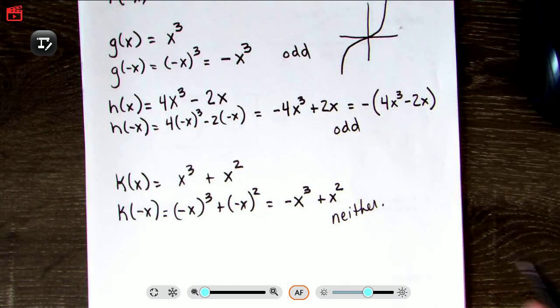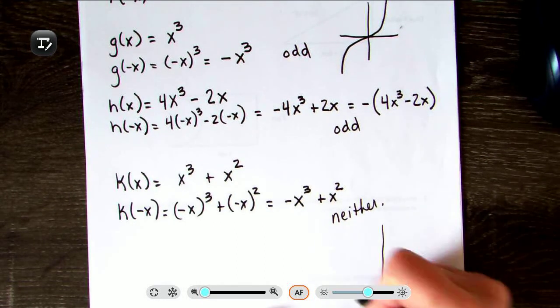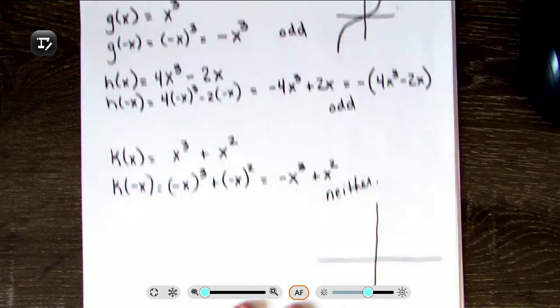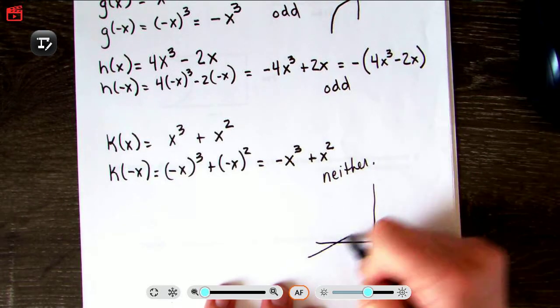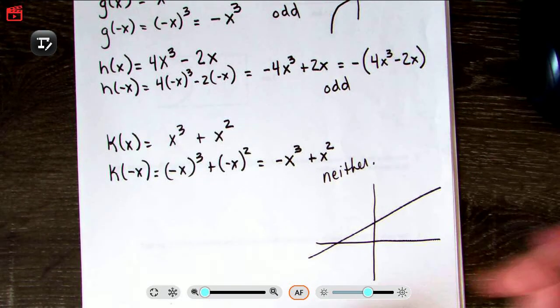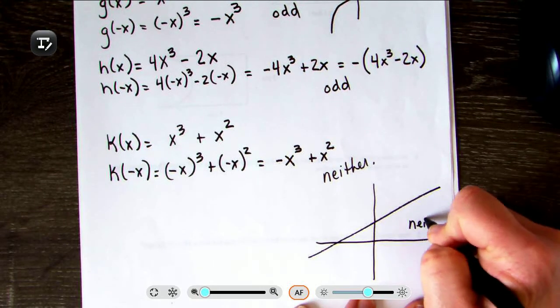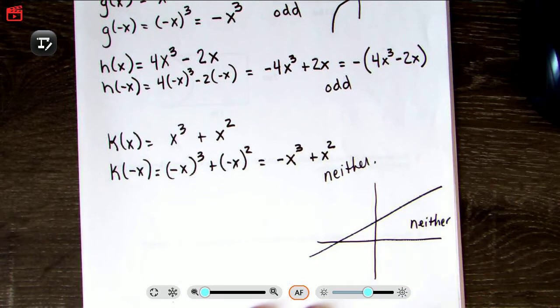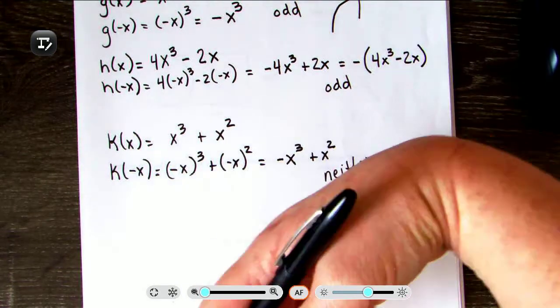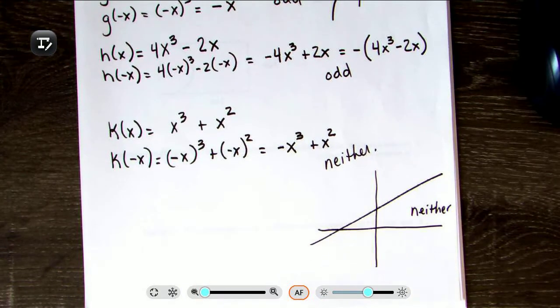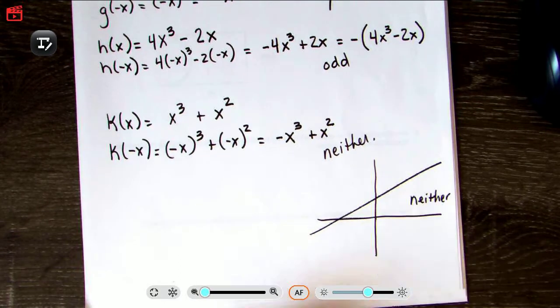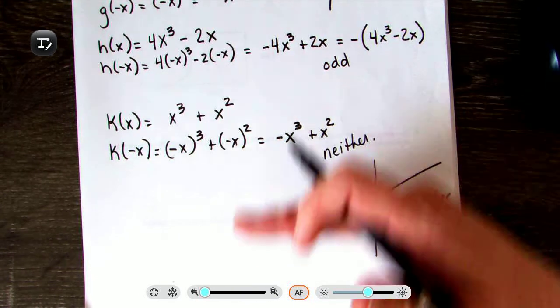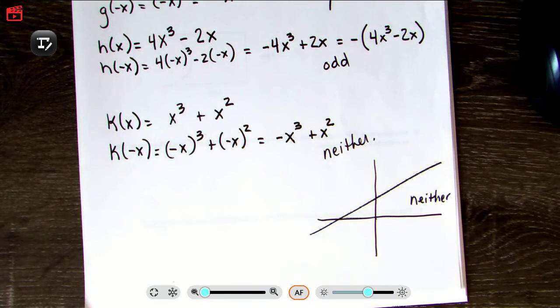Most of your straight lines are going to fall into that neither category, because if you have a straight line, like this one, it will be a neither, because it is not reflected and it does not rotate down either. It would have to go through (0, 0) to possibly be odd. And any horizontal line would be considered an even function.